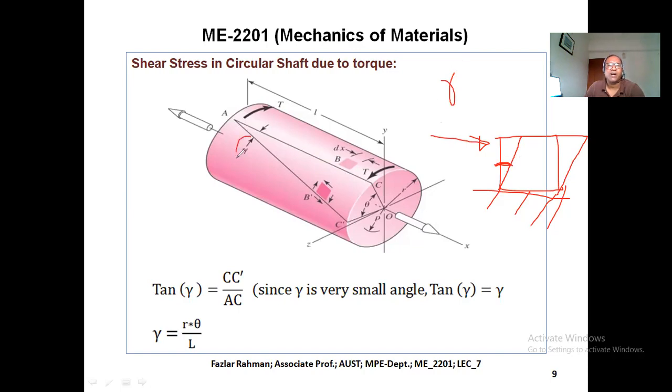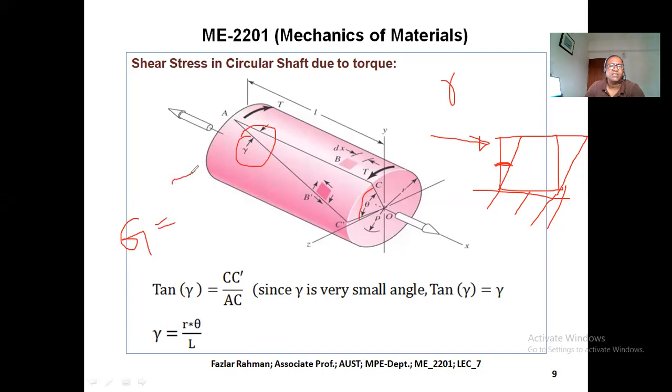It is also angular deformation, but we call it shear strain. So this gamma actually is the shear strain, and this theta actually is the angular deformation. There is a little bit of difference between this gamma and theta. Gamma is the shear strain, and theta we call angular deformation. Because of this gamma, what is the modulus of rigidity?